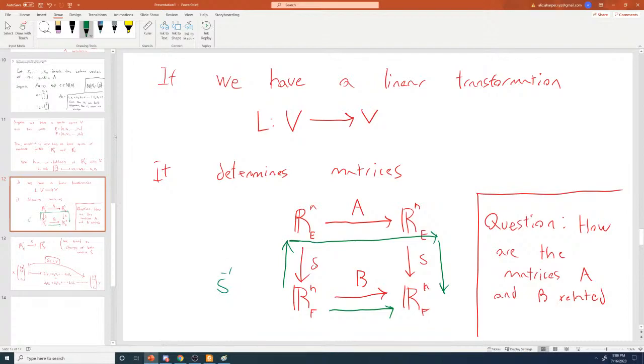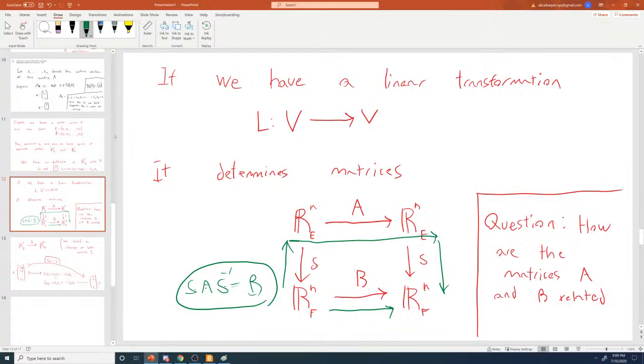And then I'm going over by A, which corresponds to multiplication by the matrix A. And then I'm going down, in this case in the same direction as S. So I put an S here. But by going up, over, and down, that's the same thing as simply going over by B. So I have equality of S A S inverse equals B. And this is how the matrices A and B are related.